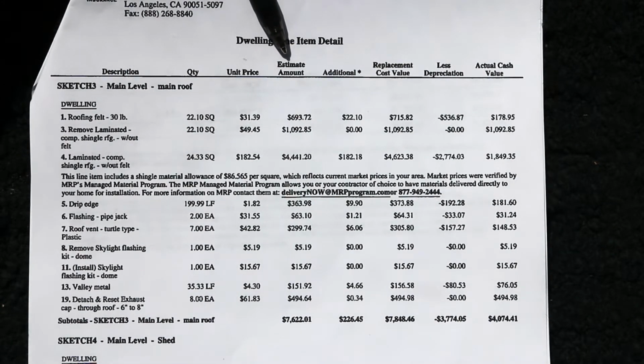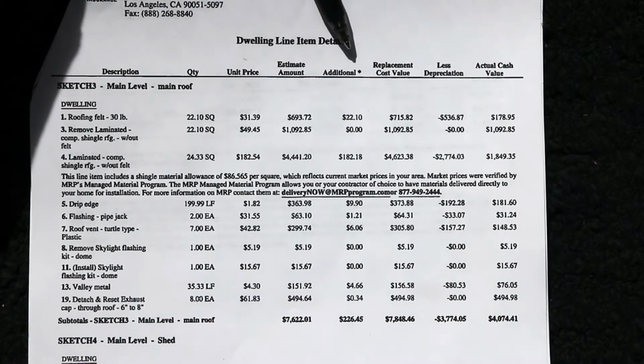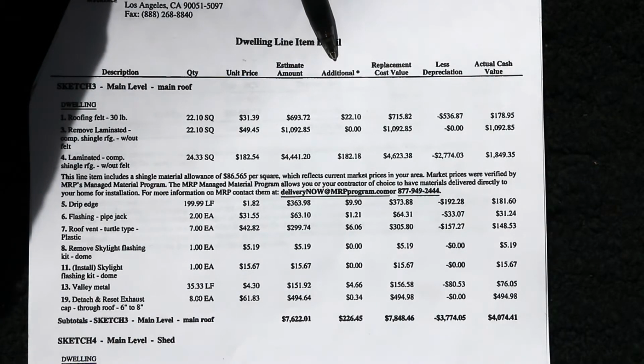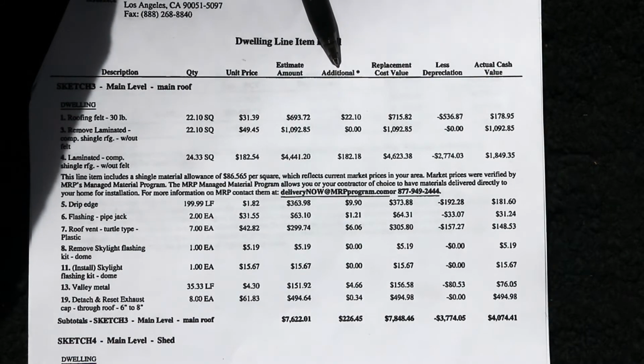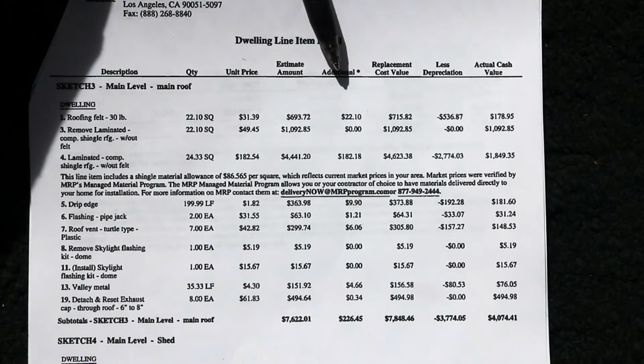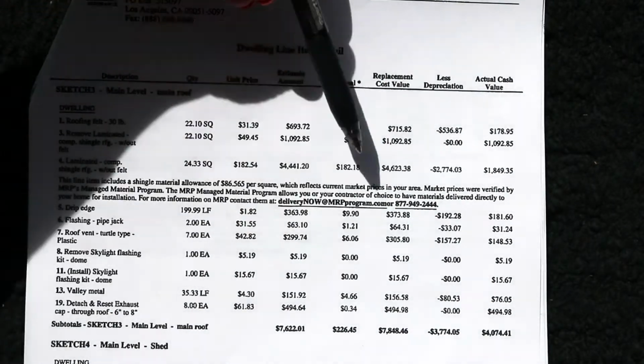The estimate amount is a subtotal. This column is something that is used on Liberty Mutual and some of the other claim summaries. It's the additional. There's a note at the bottom that will tell you what's included in this. Often it's the taxes for the material cost. It's the overhead and profit. Any base service charges or labor minimums will be included in this column that goes down the page.